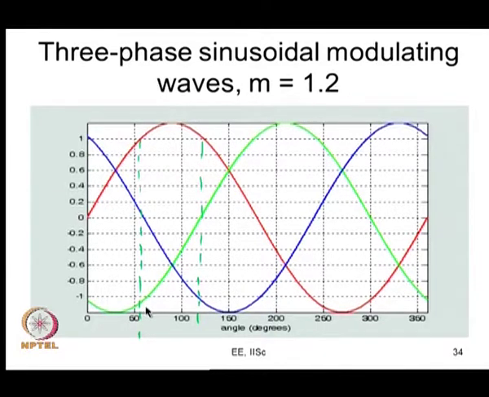So, there is going to be a small region where both of them are going to be clamped, for example here. In this region you will see that both of them are going to be clamped, the same way here. I have not drawn this very accurately, you will also find a band here. So, during these intervals both the phases are clamped. Whereas in this interval only R might be clamped, in this interval both R and Y, here maybe R and B, and here only B phase is clamped. So, it goes beyond this now.